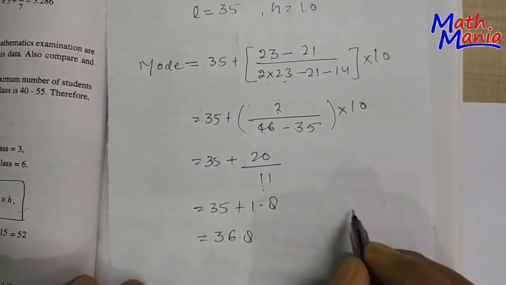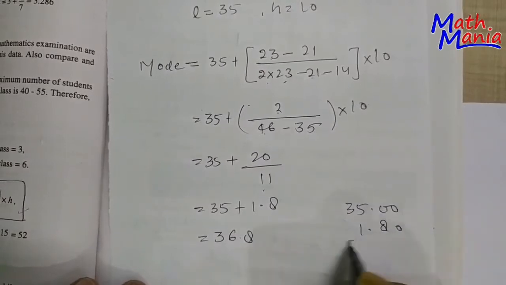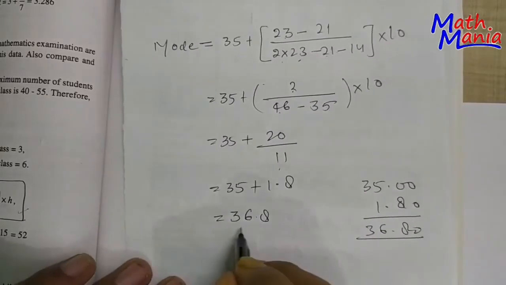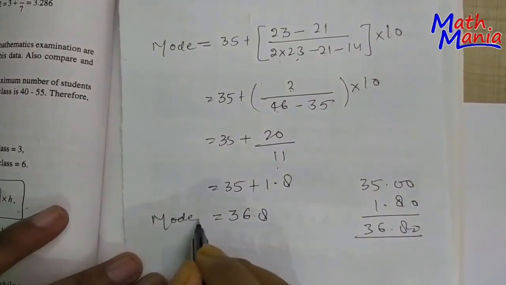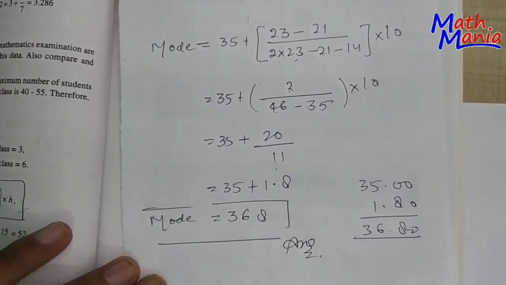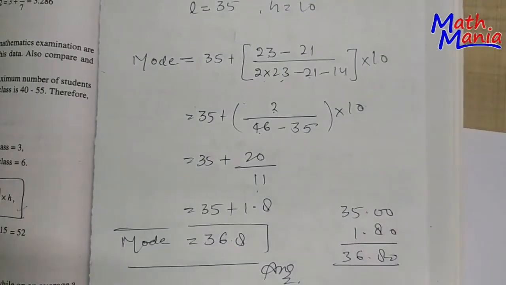So 35 plus 1.8, that is 36.8, is the mode of the given information. Right friends? So we got its mode as well as mean. Any problem?